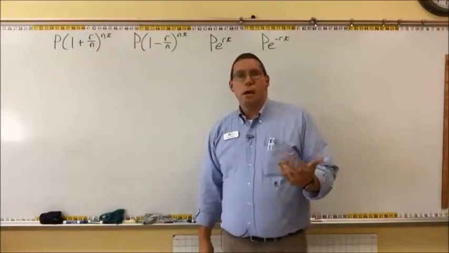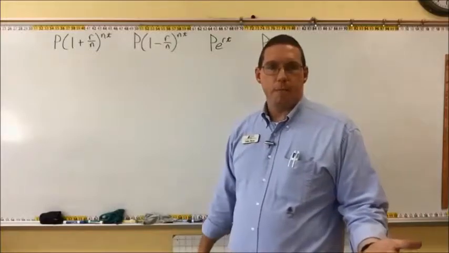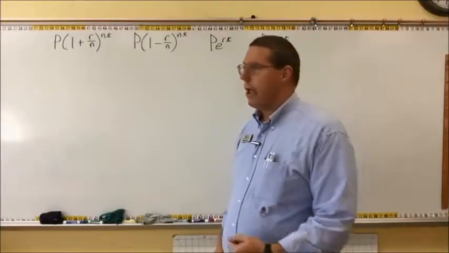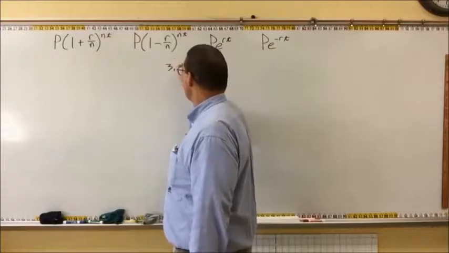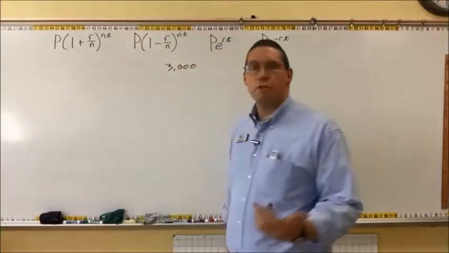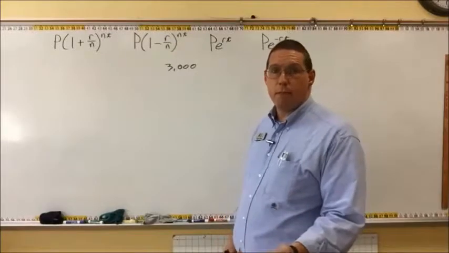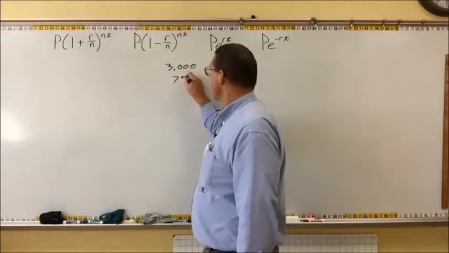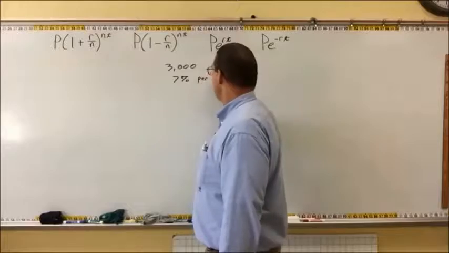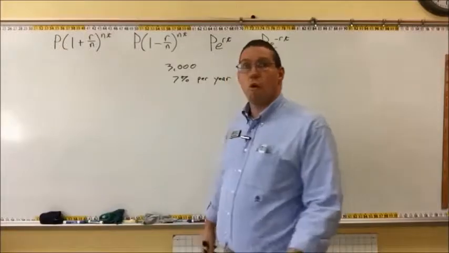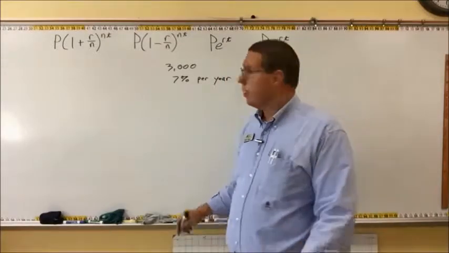Let's say that you have some population of 3,000. So the population currently has 3,000. It's growing at a rate of 7% per year. It's growing quarterly, okay?